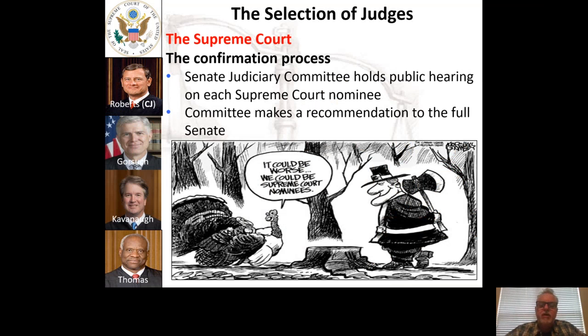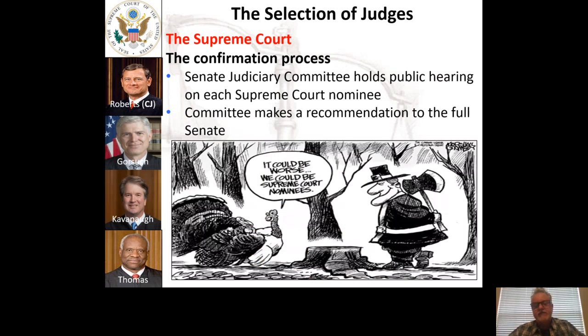So this confirmation process begins in the Senate Judiciary Committee, and the Judiciary Committee holds public hearings. They get the FBI background check. They call in the nominee, ask them questions about their opinions in the past, and they make a recommendation, a vote for the full Senate.